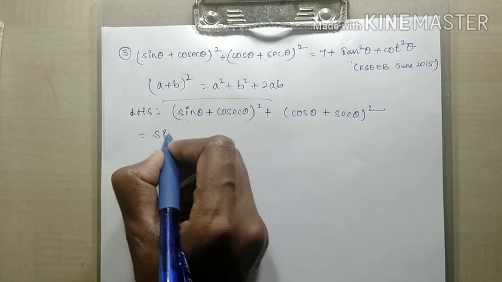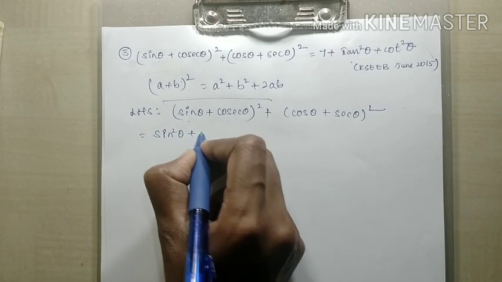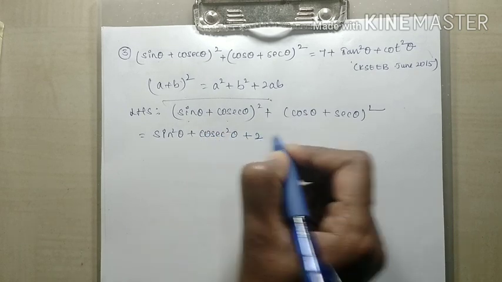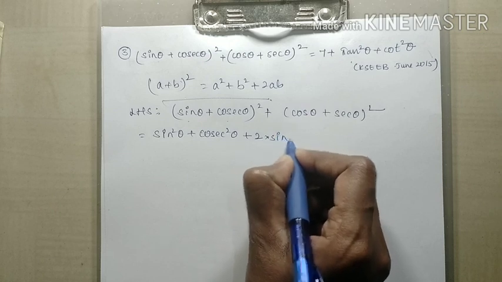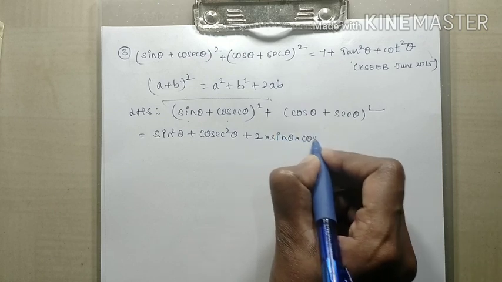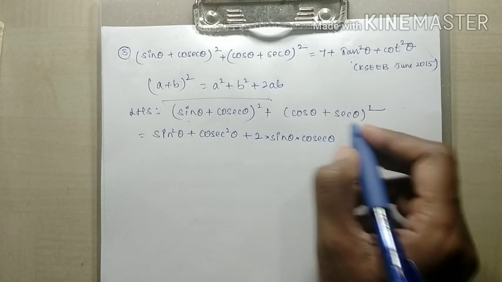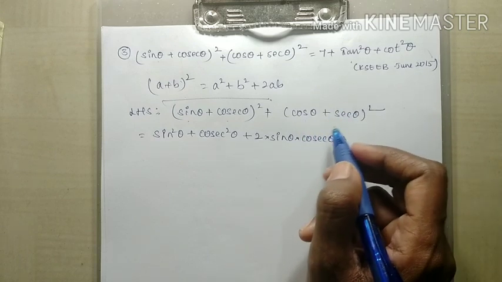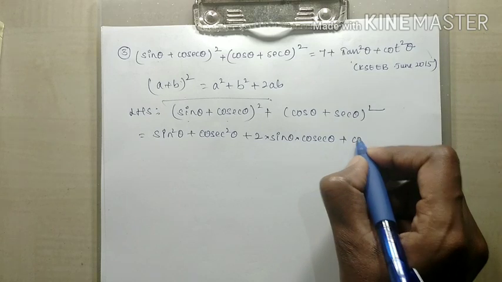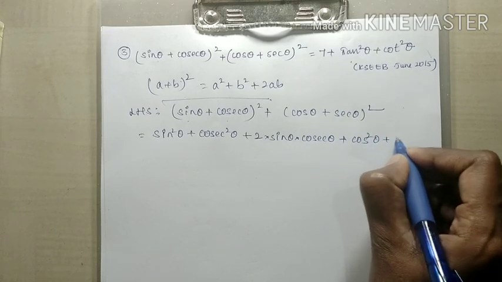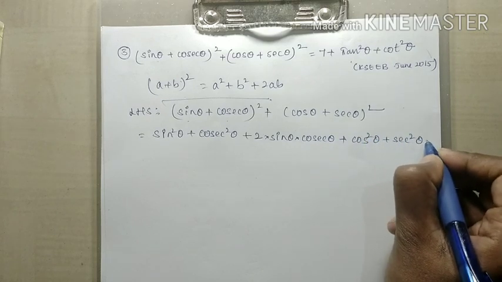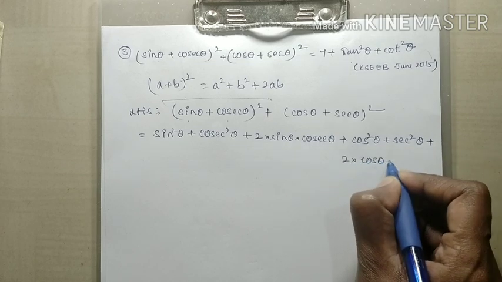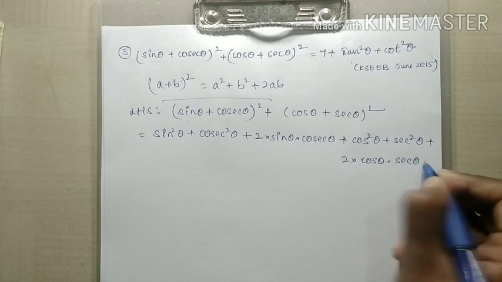That is sin square theta plus cosecant square theta plus 2 into sin theta into cosecant theta plus, now here also again use the a plus b whole square formula, that is cos square theta plus secant square theta plus 2 into cos theta into secant theta.